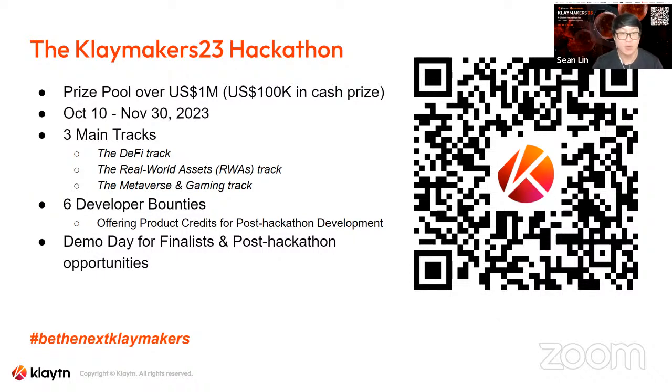Klaymakers 23 is our annual flagship hackathon for the Klaytn ecosystem, with a prize pool of over $1 million, inclusive of infrastructure and incubation support. Cash prizes worth $100,000 are up for grabs. We kicked off at the beginning of October, all the way till the end of November, and we will not be extending this deadline this time. So November 30th is the hard deadline.